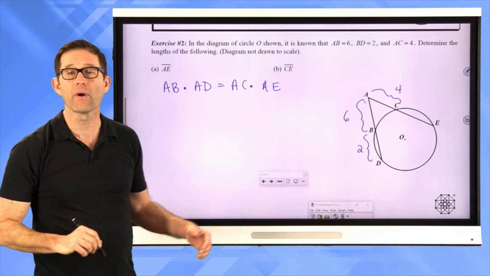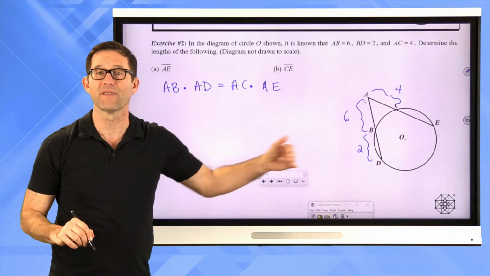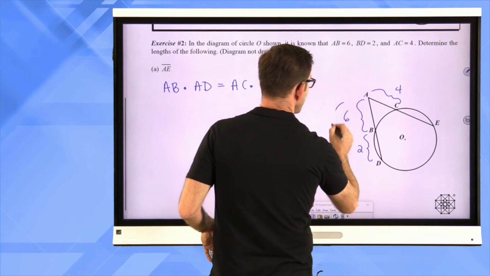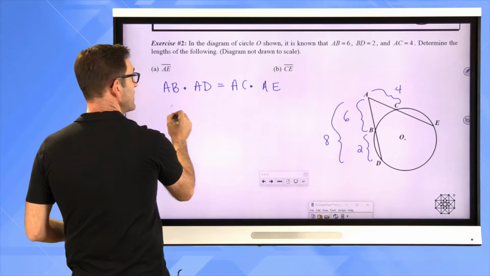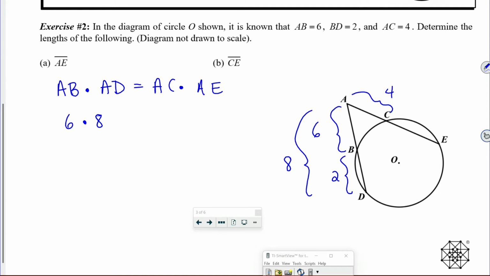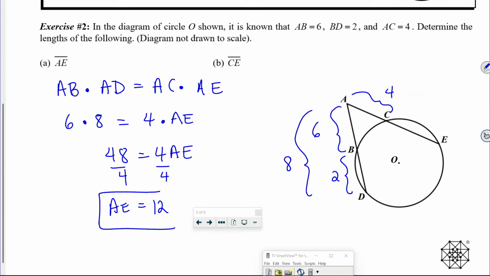Once we know that's 6 and that's 2, then clearly all of this is 8. And so we can say that 6 times 8 is equal to 4 times AE. That's easy enough. 6 times 8 is 48, is equal to 4 times AE. Divide both sides by 4, and we find AE is equal to 12.